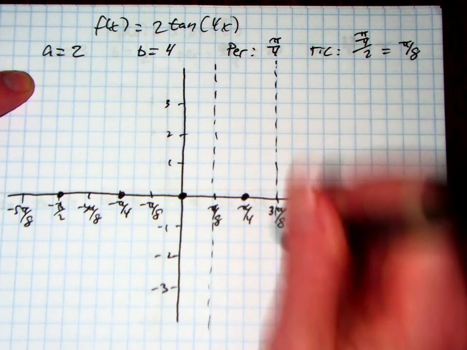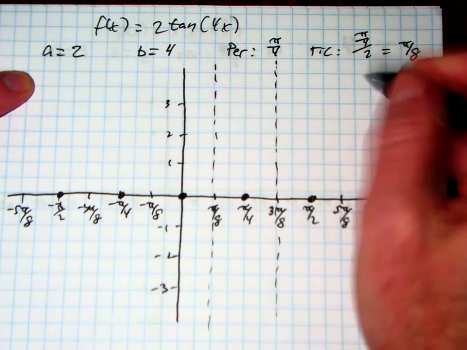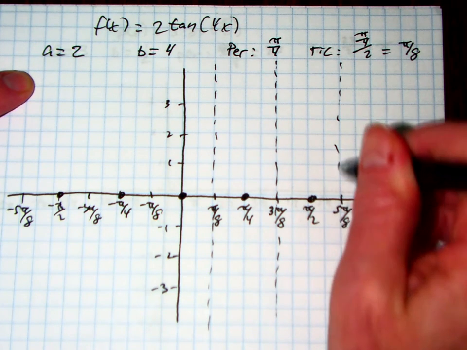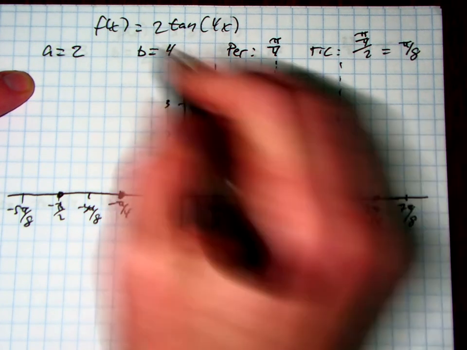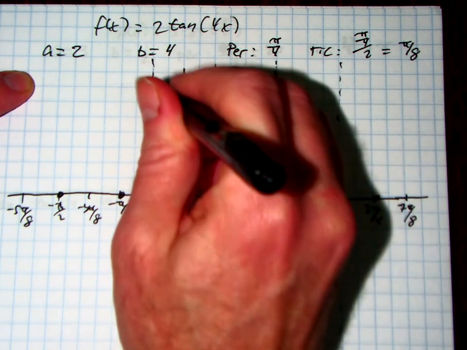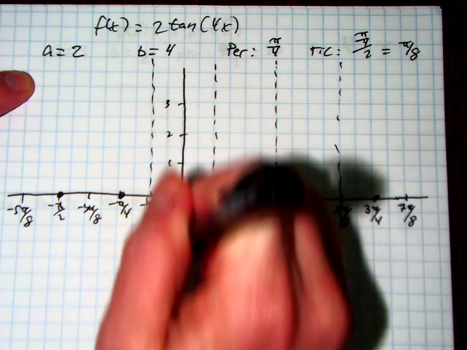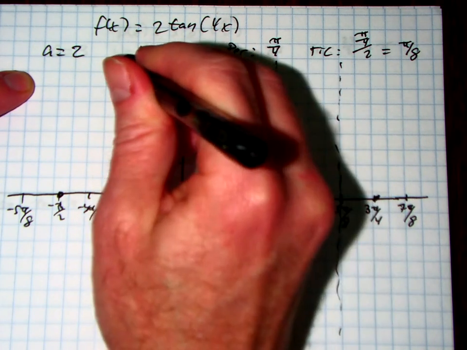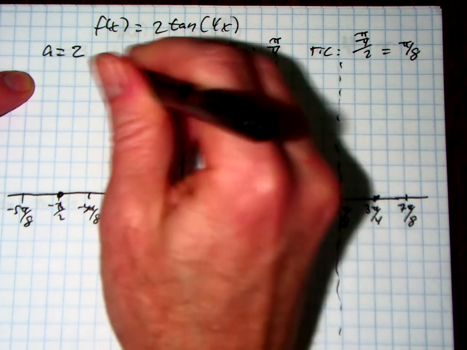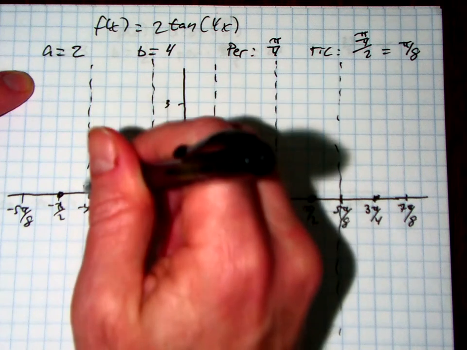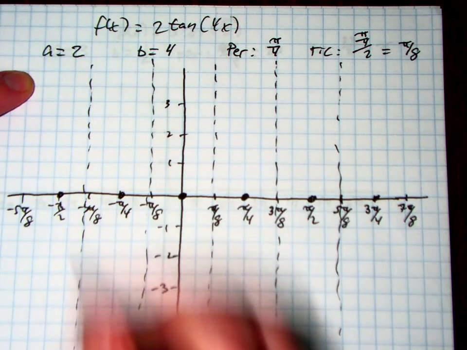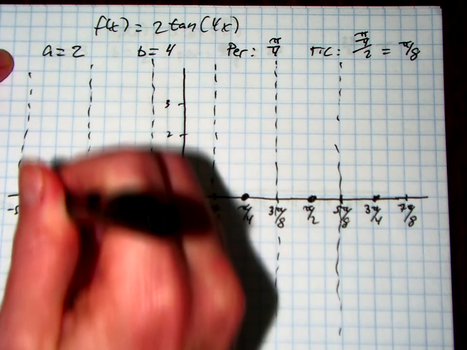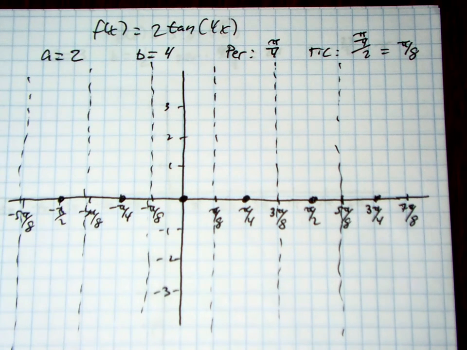So I'm going to draw my asymptotes in here. And get a couple on the other side. There you go. And that's most of the battle right there.